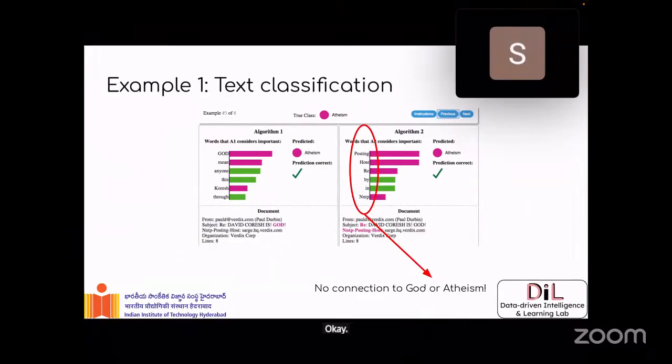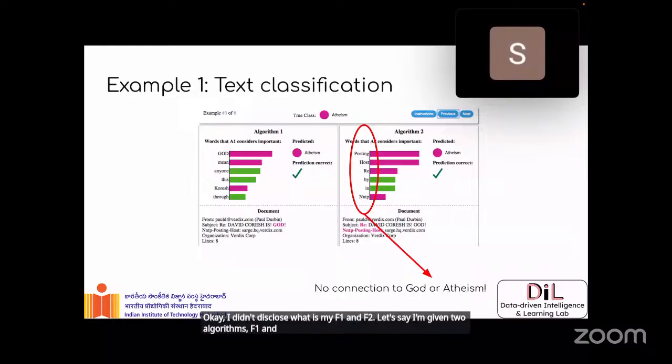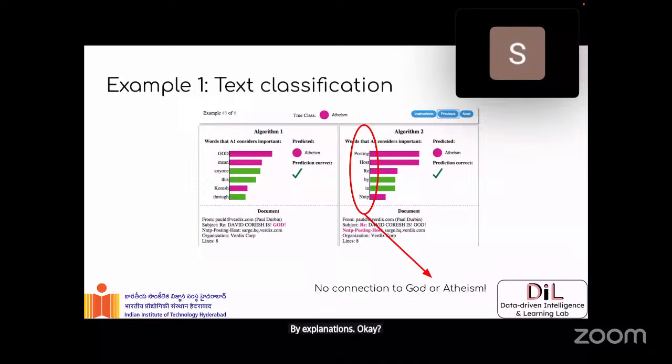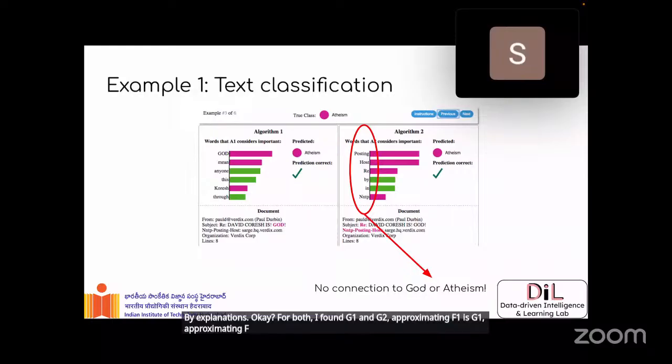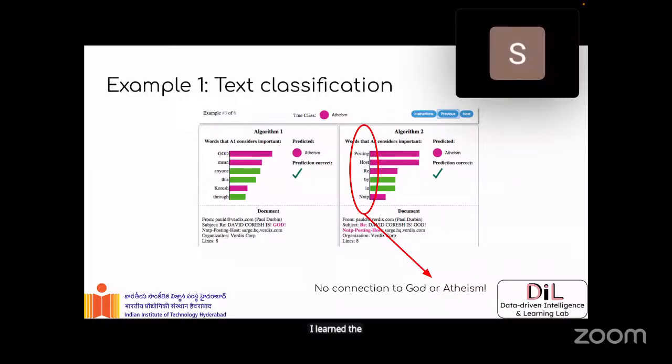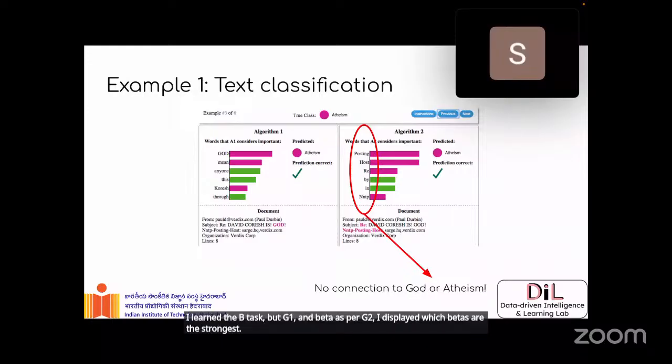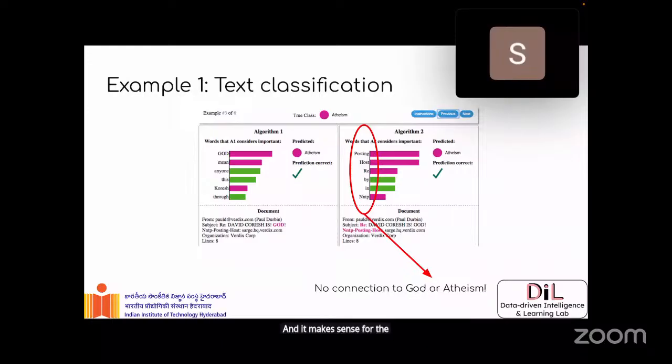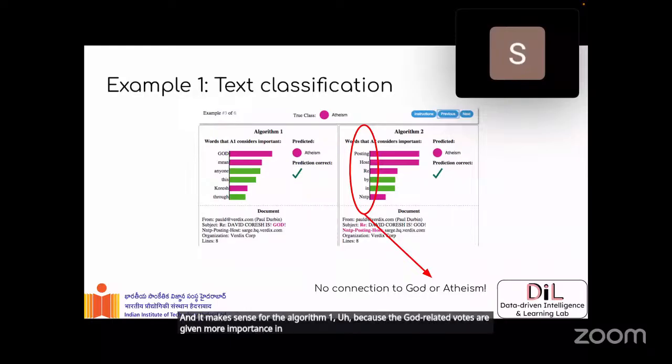The left one is for algorithm F1, and the right one is for another algorithm, F2. I didn't disclose what F1 and F2 are. Let's say I am given two algorithms, F1 and F2. Now I am understanding which is better by explanations. For both I found G1 and G2: G1 approximates F1, G2 approximates F2. I learned the betas for G1 and for G2, and I displayed which betas are the strongest. It makes sense for algorithm 1, because the God-related words are given more importance in algorithm 1.